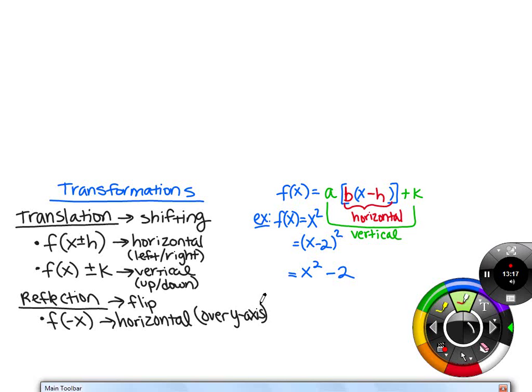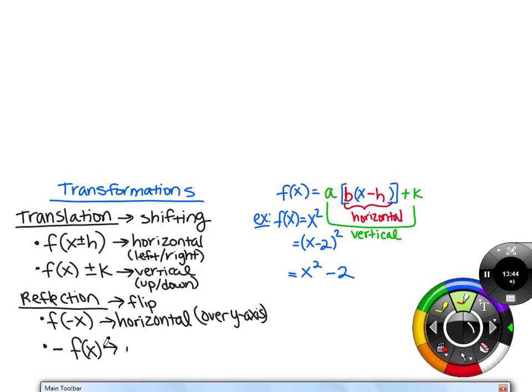The reason we need to know both, the horizontal-vertical connection helps us because it's like, all this stuff is horizontal, all this stuff is vertical. But you're going to read things a lot that say a reflection over the y-axis, a reflection over the x-axis, and you've got to understand what that looks like. So if we want to see a vertical reflection, our negative is going to be after the application of the function. So it's outside of the bars or the brackets or the squaring, or the radical, whatever is there.